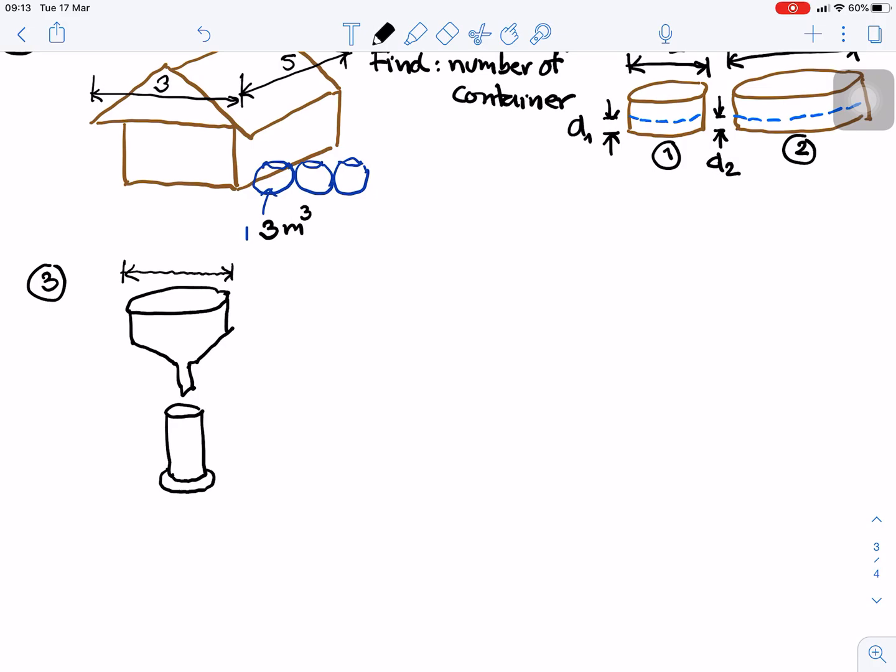The circular funnel diameter is 0.2 meter, and at the bottom is the cylinder, whose diameter is 0.02 meter.